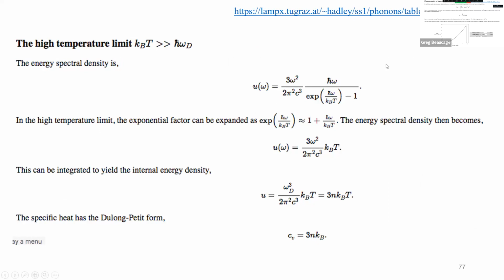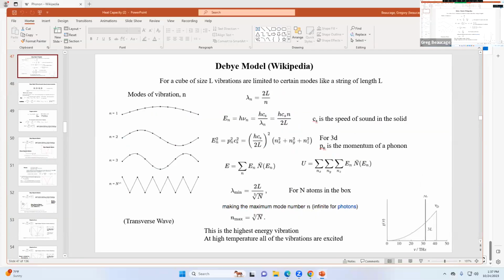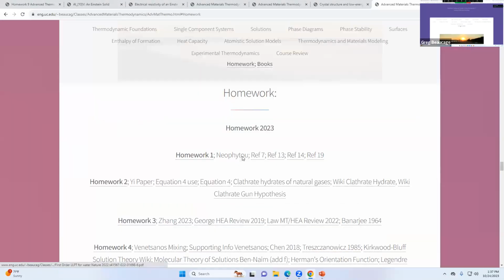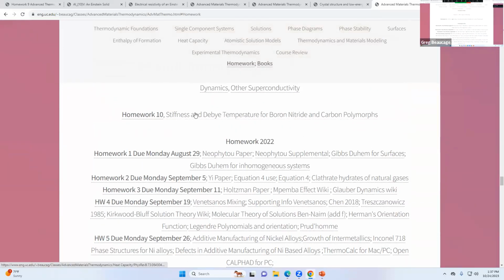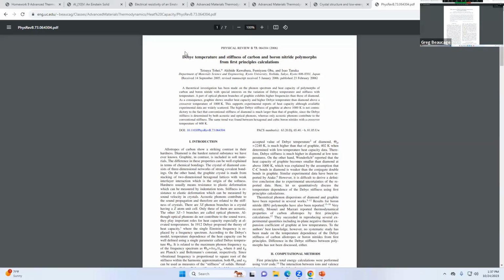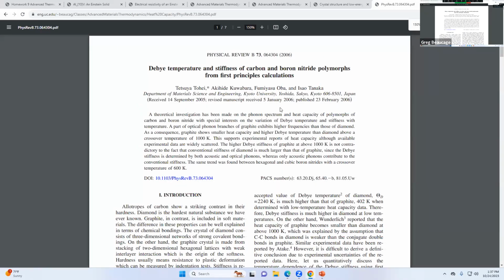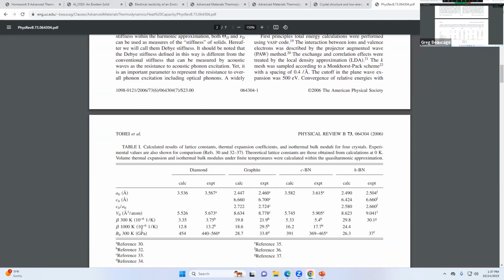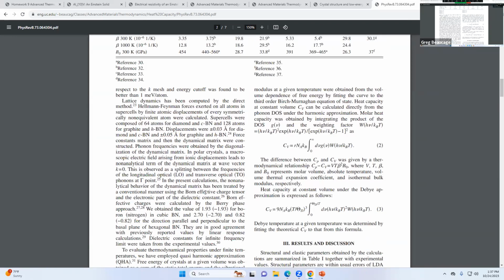So let me escape this. It's another old paper, 2006, but he's looking at different allotropes of carbon and boron nitride and saying what the modulus is for the different materials, and getting the heat correlating with the heat capacity, and he's using this Debye function for the heat capacity.